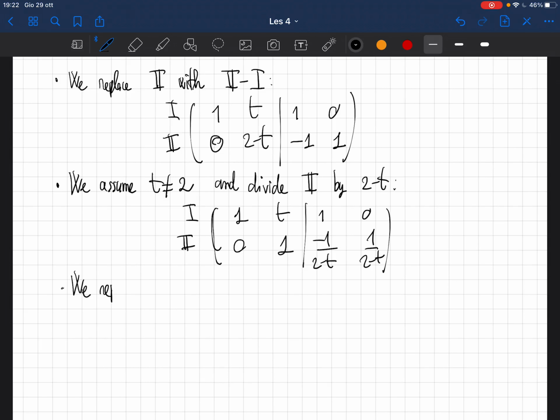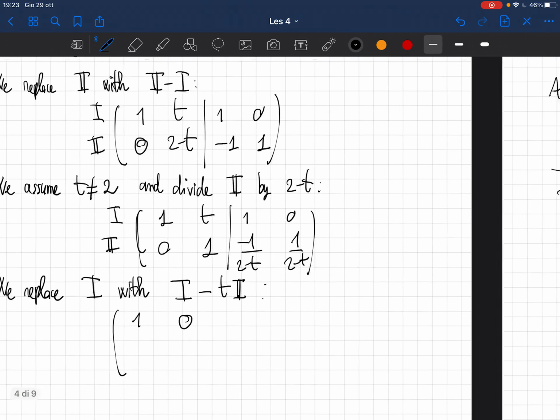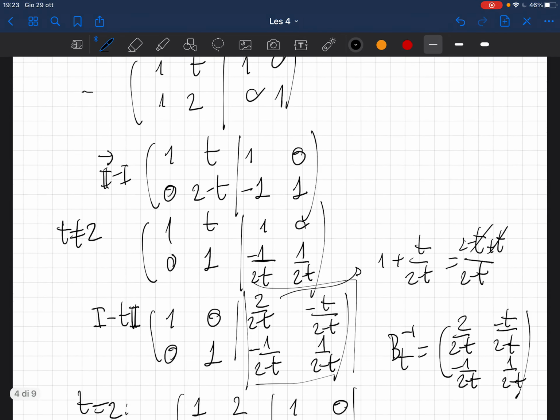Again here we replace the first row with the first minus t times the second, and you get what? 1, 0 here.